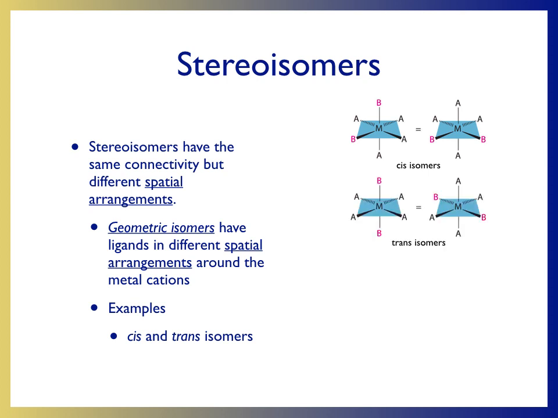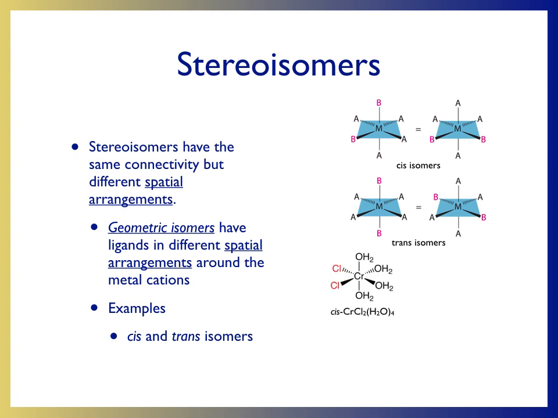In trans isomers, the ligands are on opposite sides of the molecule, having a 180-degree angle between them. Once again, there are different ways to position the ligands so that they are trans from one another, but they will be trans as long as there's a 180-degree angle between the ligands.